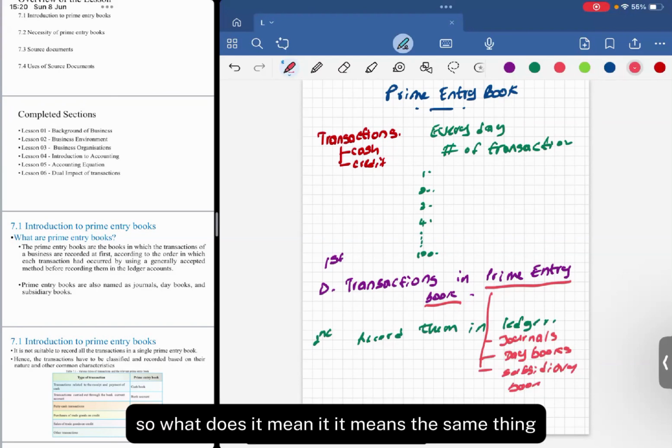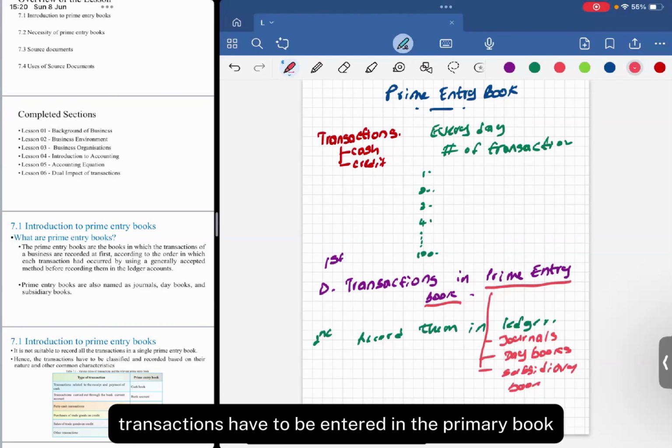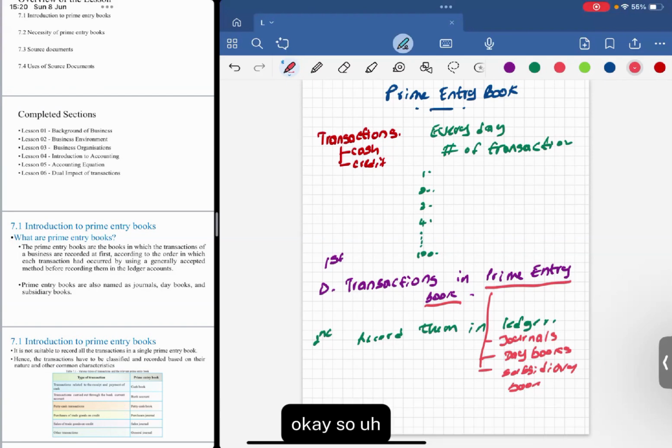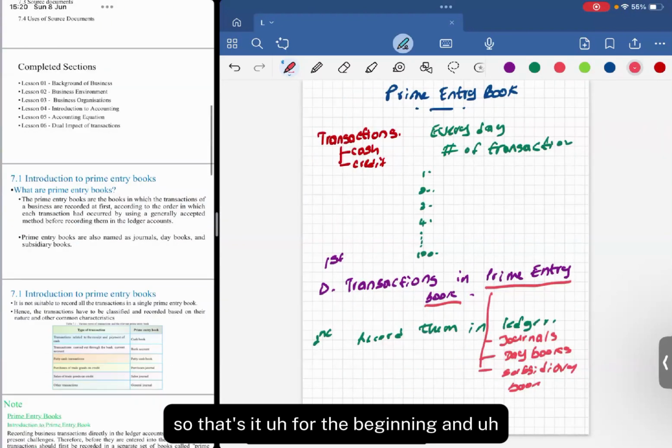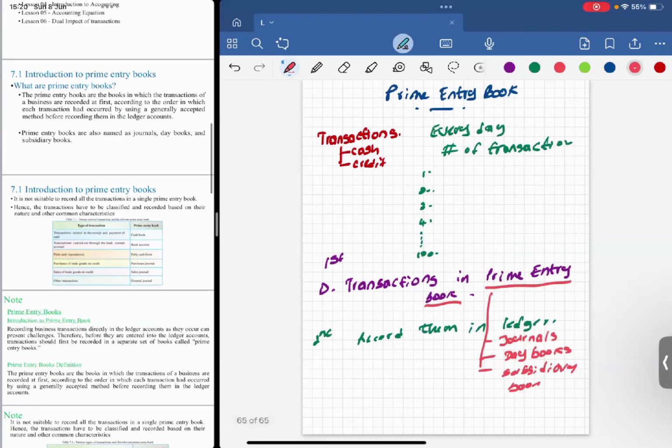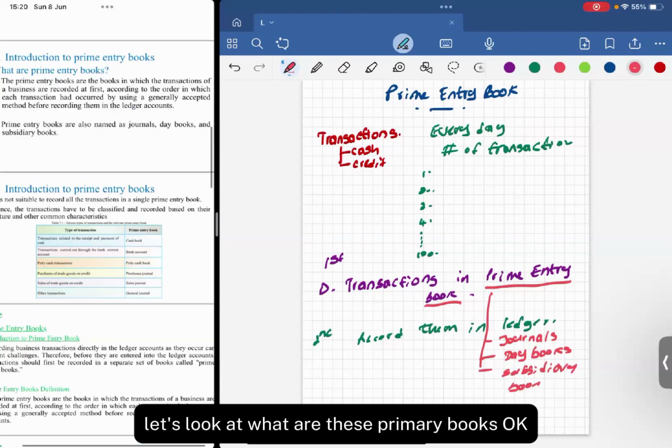So what does it mean? It means the same thing. Transactions have to be entered in the prime entry book. So that's it for the beginning, and let's look at what these prime entry books are.